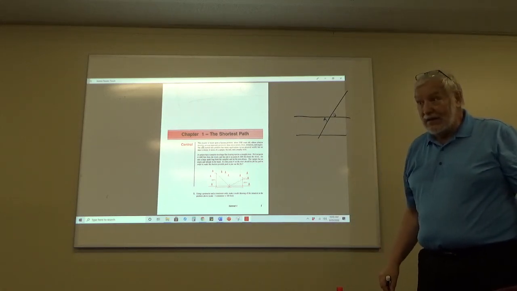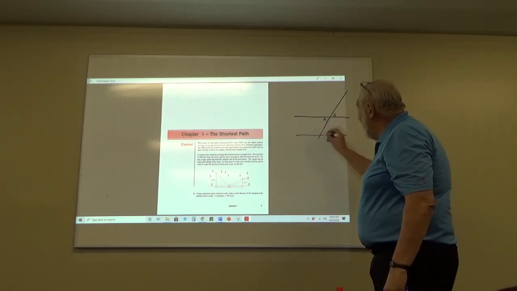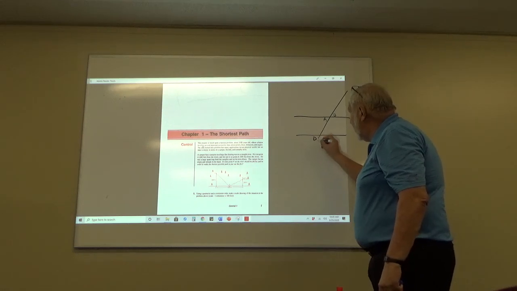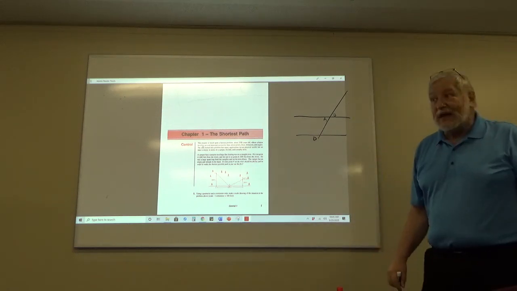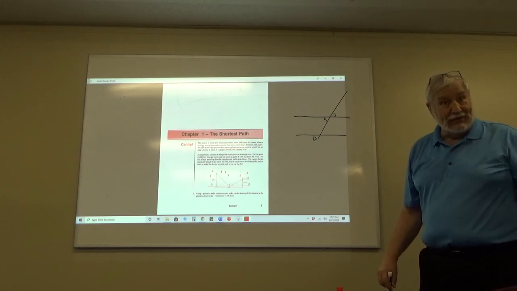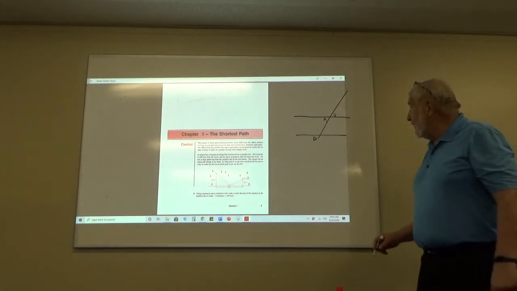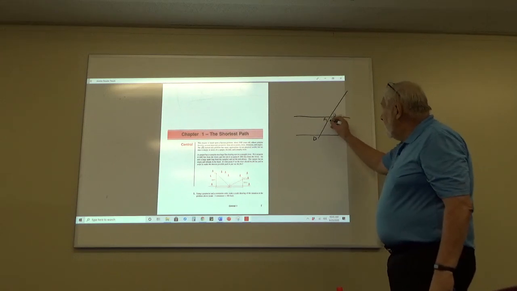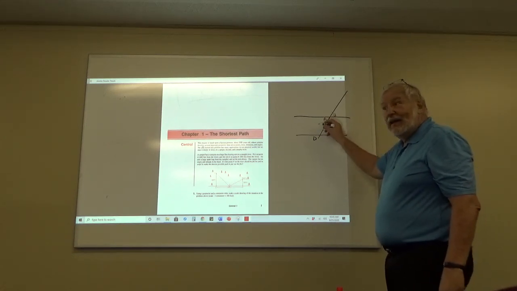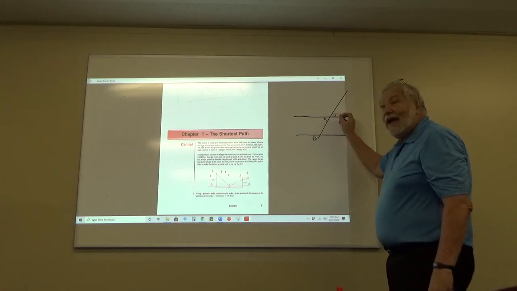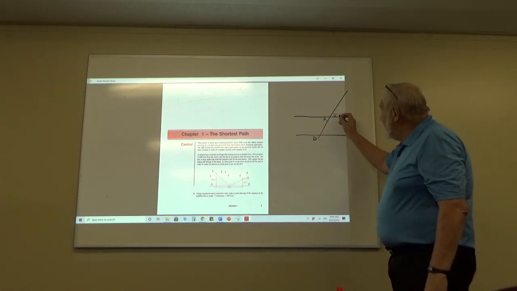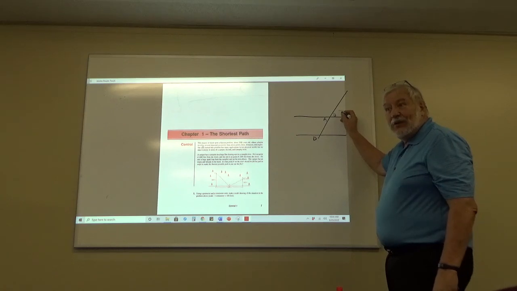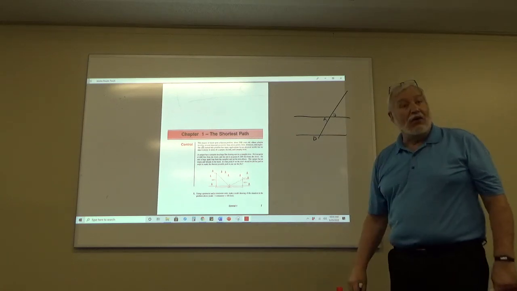And this point A and this point D are in corresponding locations, so they are corresponding angles. And they're the same, they're congruent. And because A and D are corresponding, and B and A are vertical, that means that alternate exterior angles B and D are also congruent.